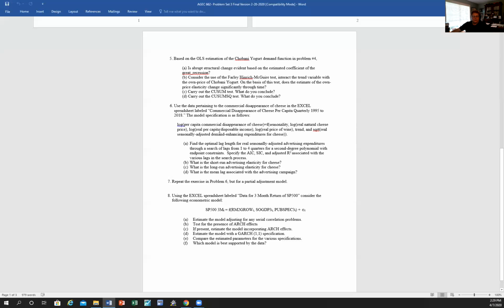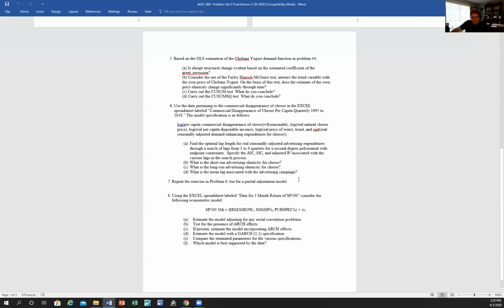Similar for the long run income elasticity, the long run cross price elasticity, and in this particular case, after you convert it to the correct marginal effects in the elasticity, you should have been able to get a long run elasticity in similar fashion. And then for advertising, the other thing is to figure out how many periods it would take before you reach the desired level or long run equilibrium level of the dependent variable.